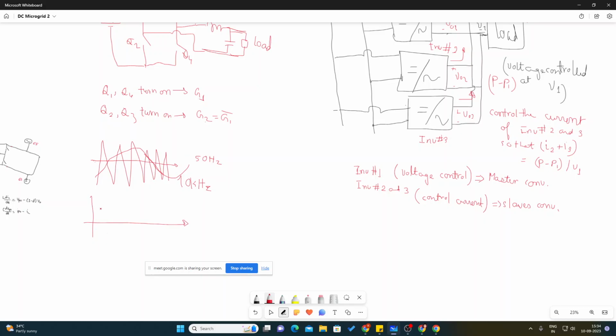From this comparison, you will get some PWM signals of different widths. The sine wave is actually some m sine omega t, where omega is 2 pi into 50 hertz. So this sine wave is m sine omega t, where m is the modulation index and this is our control variable.